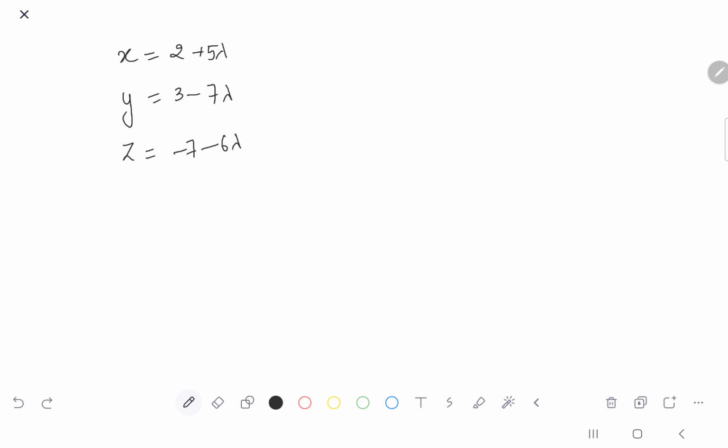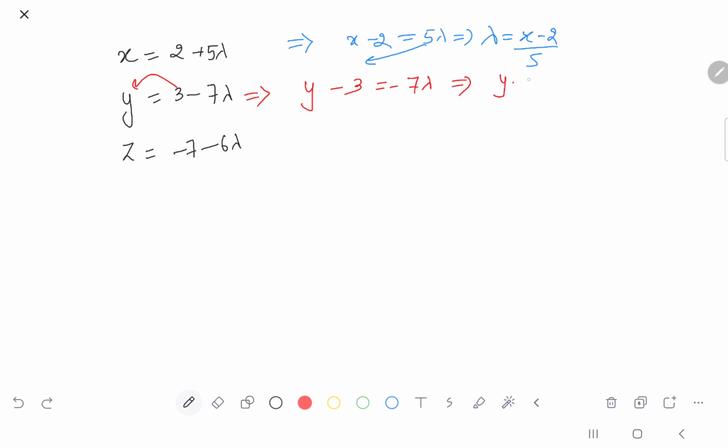Yes, ma'am. So what exactly does this mean? You tell me. What do we have in here? We have x minus 2 equals 5 lambda, so this implies lambda is x minus 2 over 5. Yes or no? Solving similarly, I will get y minus 3 equals minus 7 lambda, so y minus 3 over minus 7 is lambda.